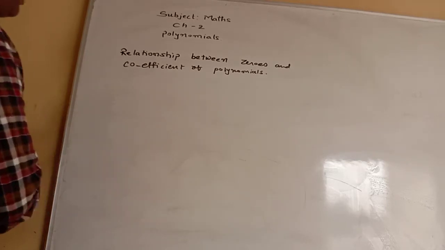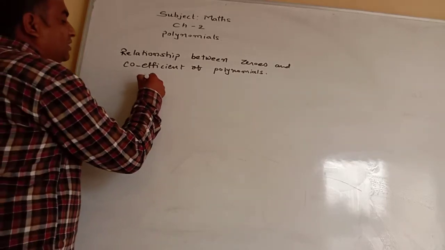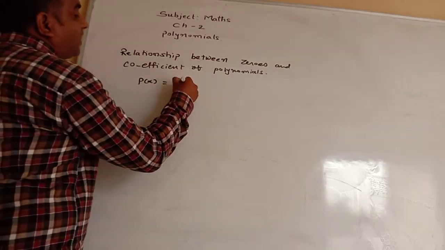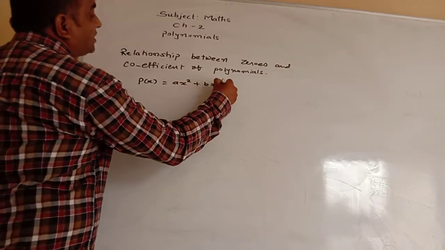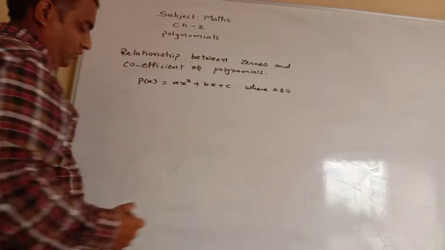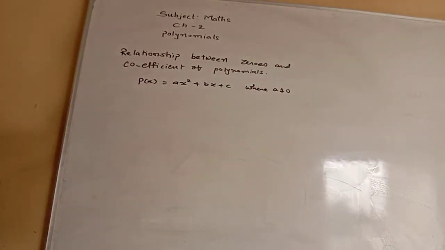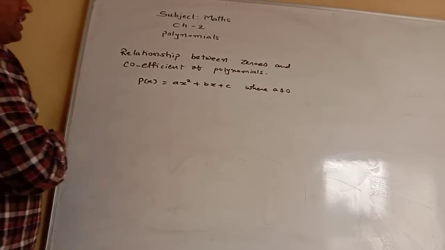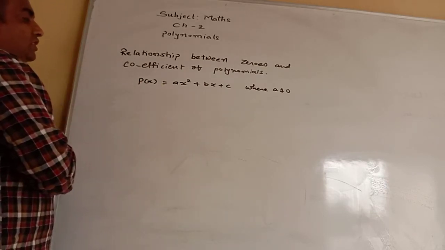Now let's see the quadratic polynomial p(x) equals ax square plus bx plus c, where a not equal to 0. We have studied that a quadratic polynomial has at most 2 zeros.